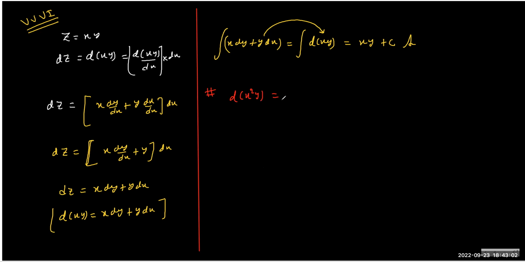The expanded form, how to write this? I have given you this part, how to expand d of x square y? The first term will be outside: x square dy plus y d of x square. Understood? And what is the d of x square, if you remember?